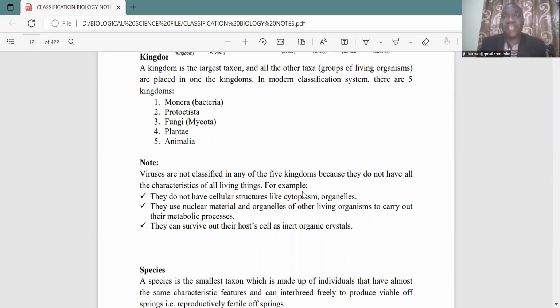If HIV is outside the cell of an infected host, it will be inert, inactive, like a non-living thing. But if it finds its way into the host's cell, then it will begin showing characteristics of life. It will use its DNA or RNA to replicate within the host's cell. And what was a single viral particle multiplies into thousands or even millions of viruses when inside the host's cell.